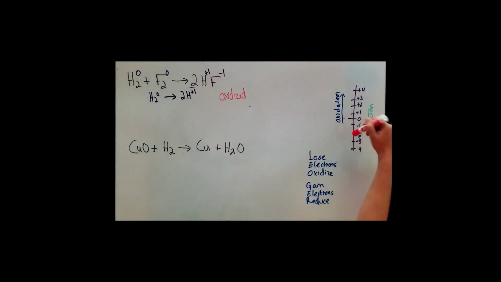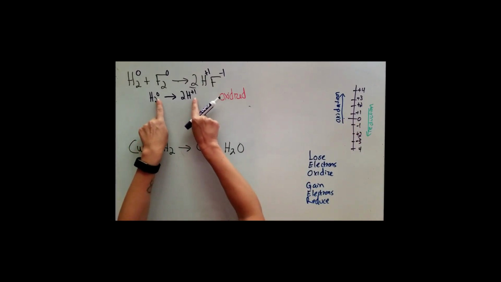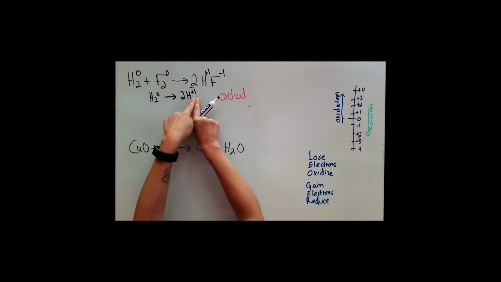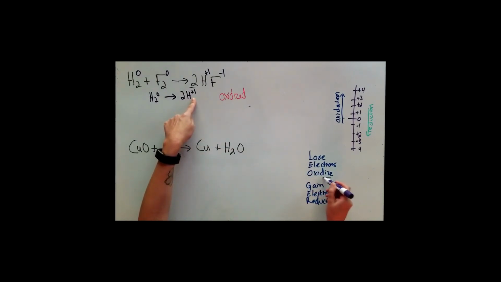Another way to look at it, if the number scale isn't clicking with you, is to look at what's happening here. To go from a 0 to a +1, that means that hydrogen had to lose electrons, because when you lose an electron, you're losing a negative and becoming positive. So losing electrons is oxidation.